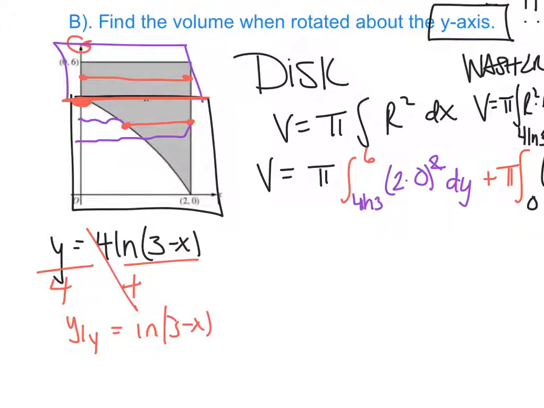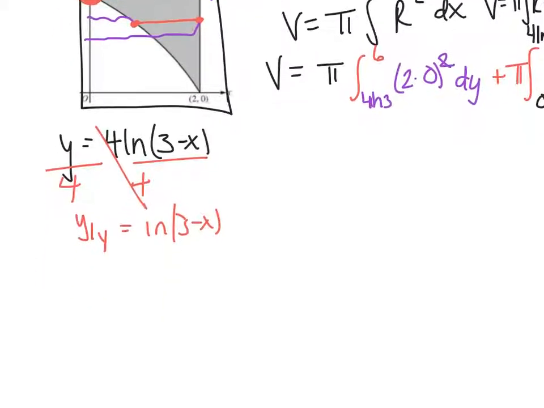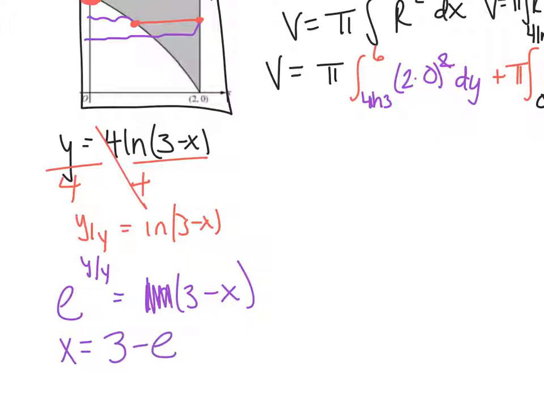Now I can use exponentials to get rid of that. So I'm going to say e to the y over 4 equals 3 minus x, because we got rid of the ln. And then I'm just going to solve for x. So I'm going to basically add my x over to this side and move this to that side. So x equals 3 minus e to the y over 4.